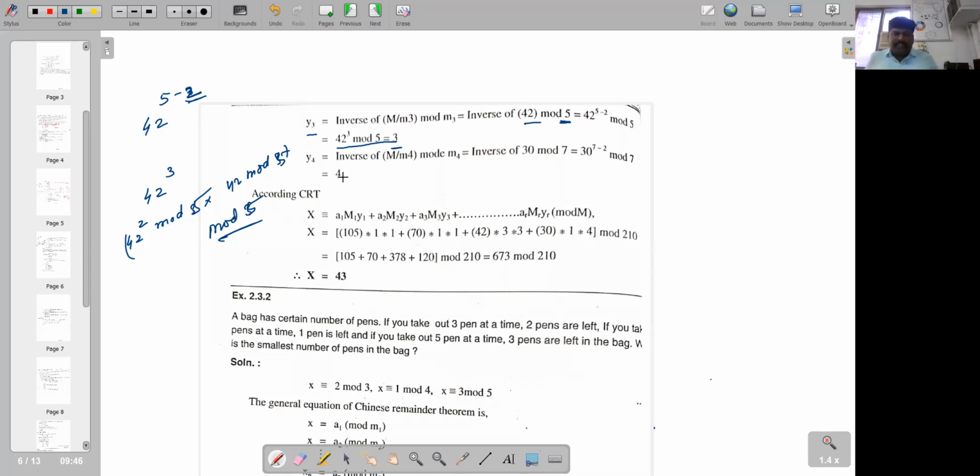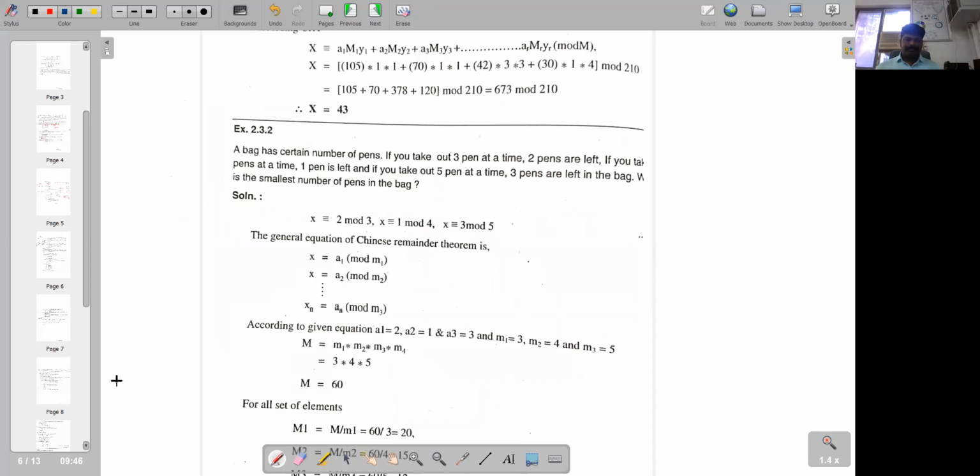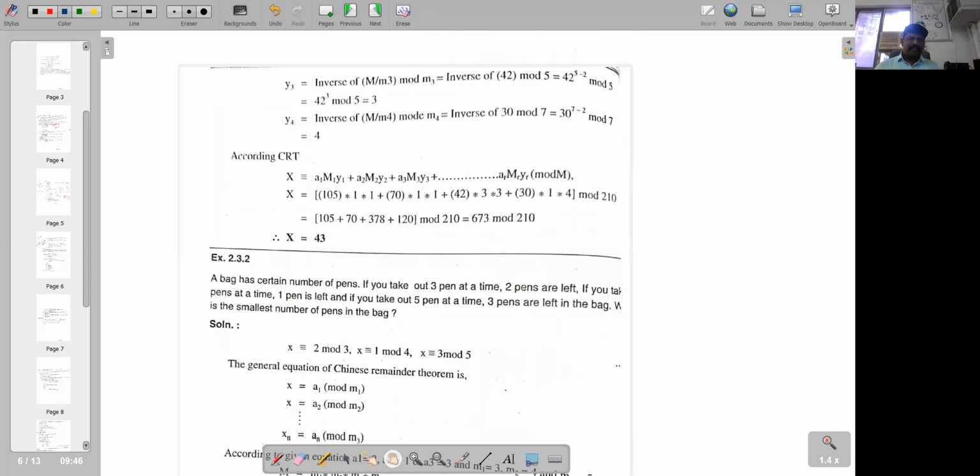So 42 power 3 mod 5, we will get the remainder value equal to 3.